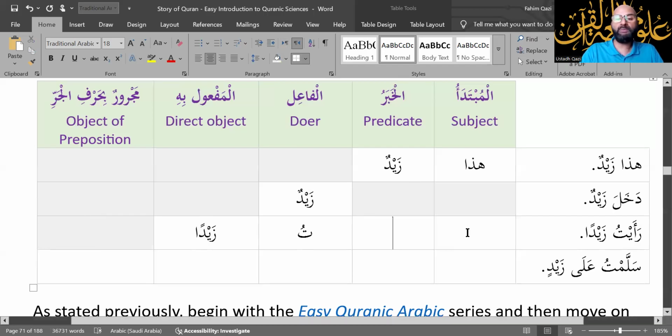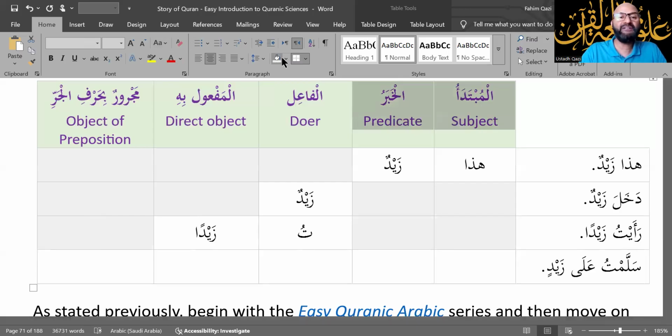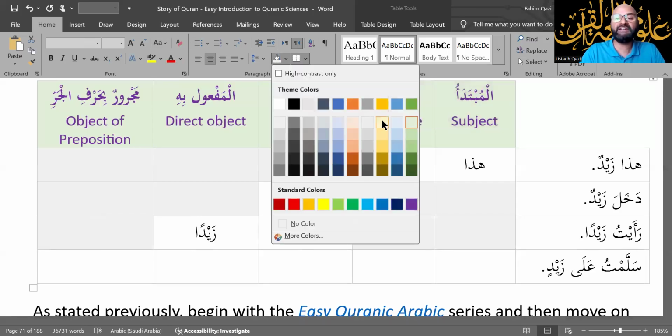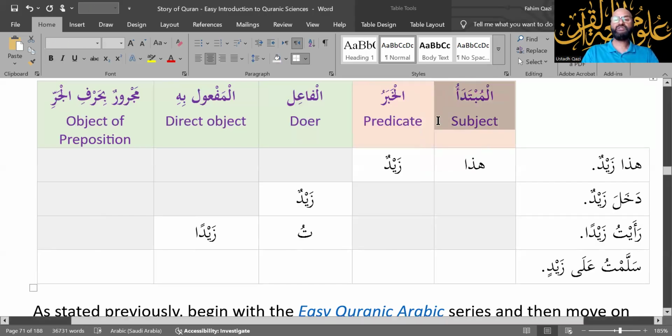So there's no mubtada here, there's no subject, there's no predicate, because that subject-predicate combination is true only for a jumla ismiya, nominal sentence. So let's put it in a different color to highlight that this two-word combination, al-mubtada wal-khabar, subject and predicate, is for a jumla ismiya, nominal sentence.